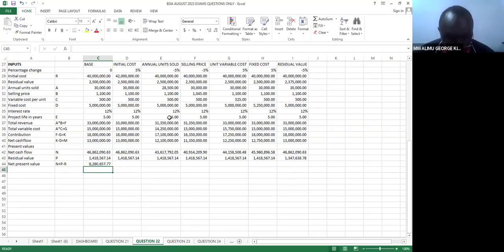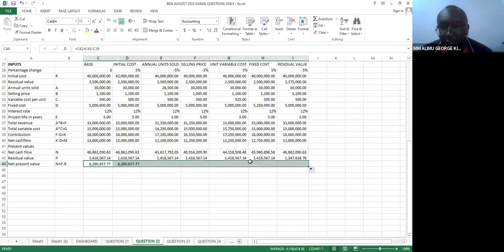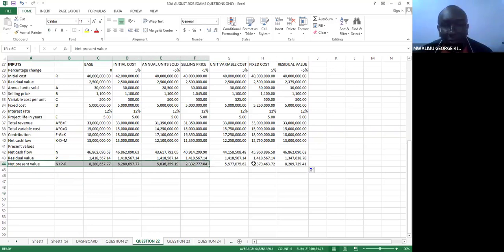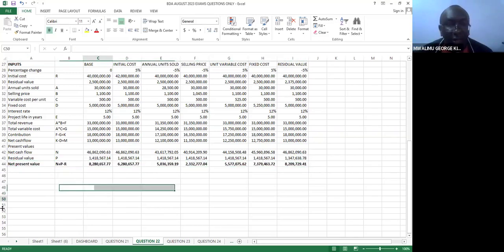So again, we copy quickly that way. So that gives us the net present values. So this one, we can even make it bold, this column, these values, because it's our final result. Yeah. So we have the net present values there.